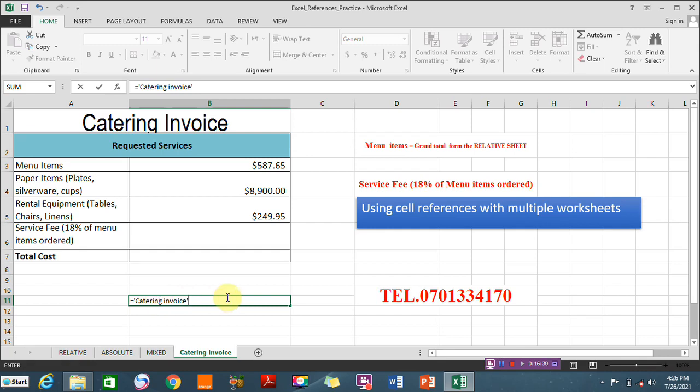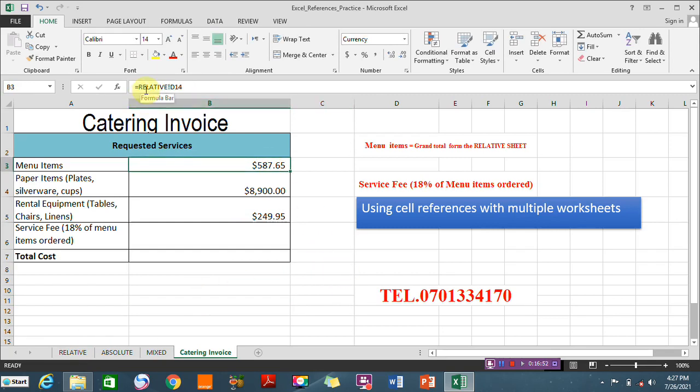Then we put an exclamation mark, then we put the cell where the value is. That means that if you're working with something that has a space, you have to include these quotes. If you're having a sheet that has only one word, then you can just type it the way we typed it there. Are we together? So it can help you to work with it.